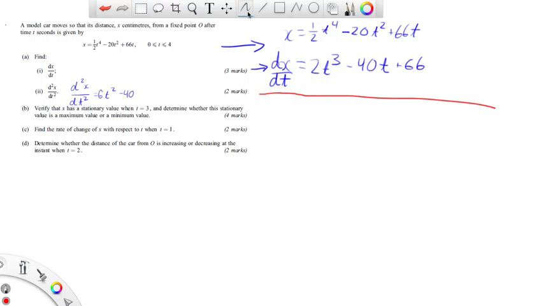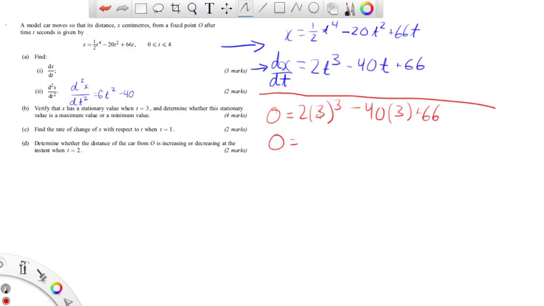Okay, so for the second part here, part B, we need to verify the stationary point. That's where the derivative is equal to 0. So we're going to plug in 3 for t, and hopefully that's going to be equal to 0.